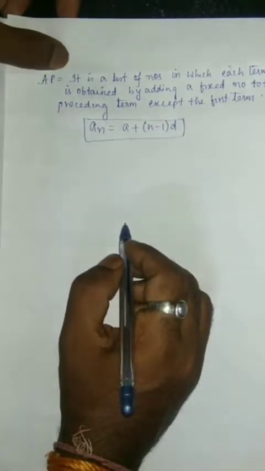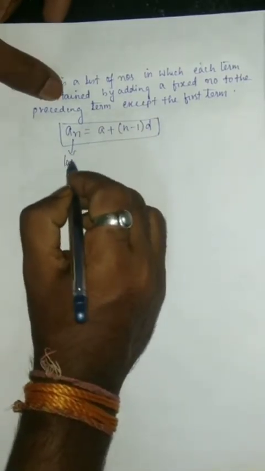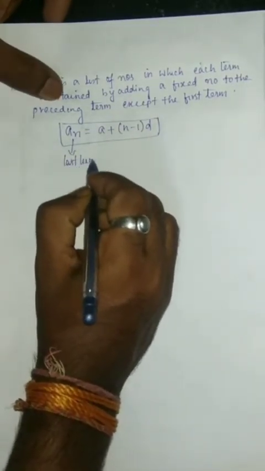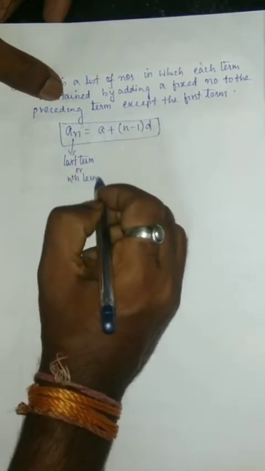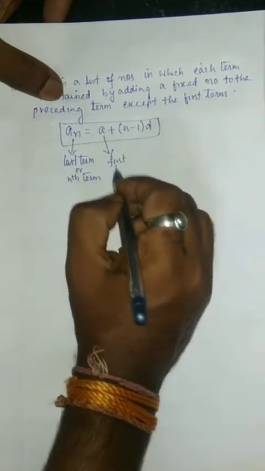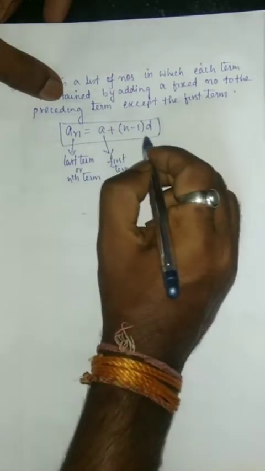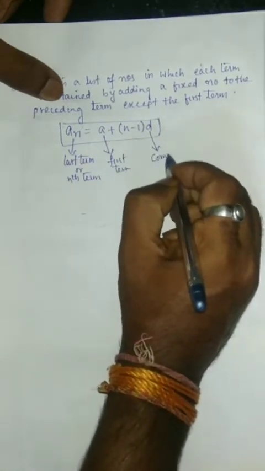This is the general formula of arithmetic progression. Okay, student? Here an is called our last term or nth term, a is called our first term, and d is called our common difference.